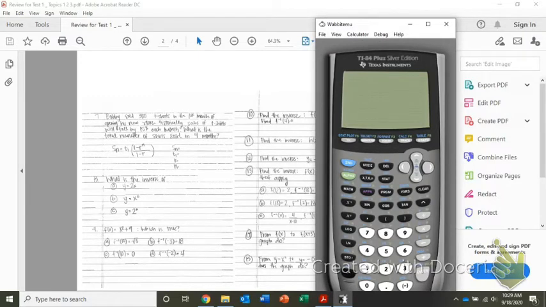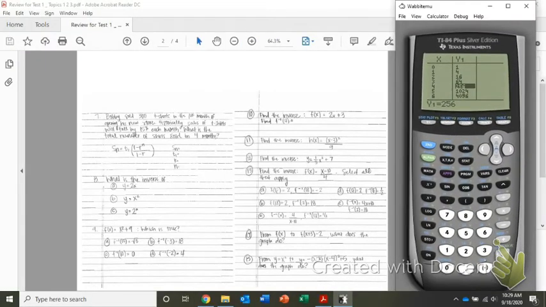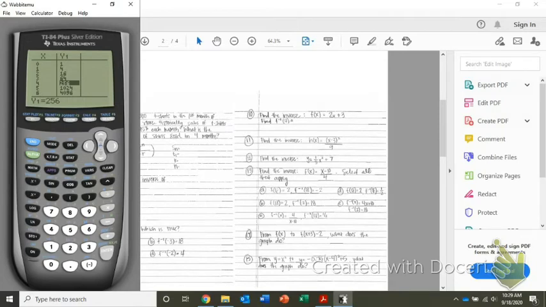So first, we have T1, which is 300, parentheses, then 1 minus r, where r is 0.85, raised to the power of the number of months, which is 4.